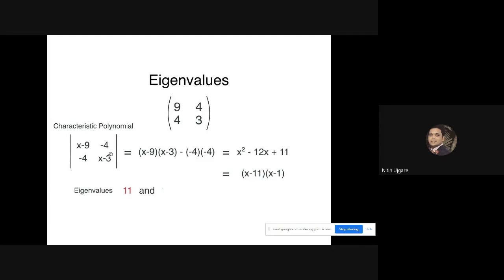So what we did is we took the determinant of this covariance matrix, performed the computation, got a quadratic equation, and took its factors, which are nothing but the eigenvalues of our two eigenvectors. One has magnitude value 11 and the other has magnitude value 1.